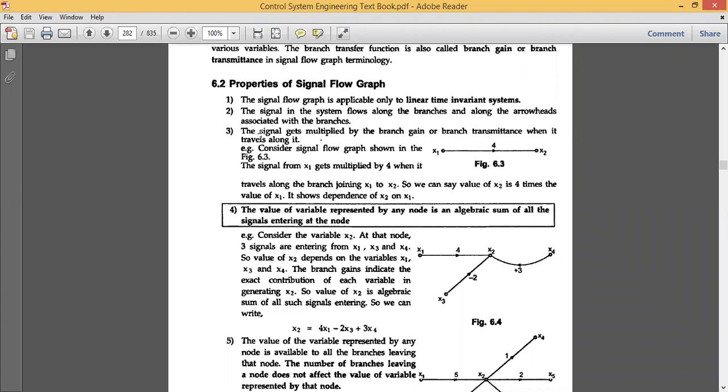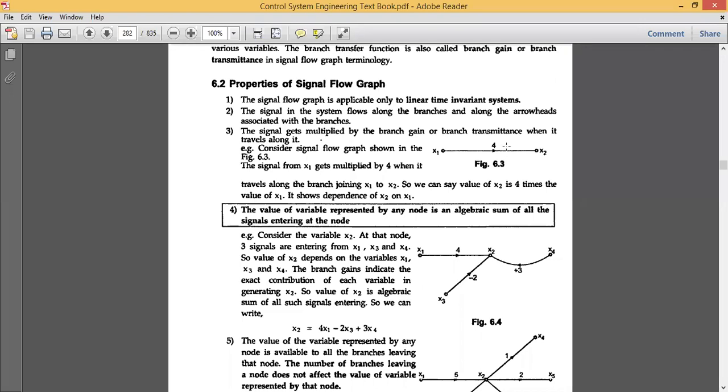Then the third property of signal flow graphs states that the signal gets multiplied by the branch gain, also known as branch transmittance, when it travels along it. Just look at the diagram in figure 6.3. x1 and x2 are the two nodes, and the number 4 represents the branch gain.